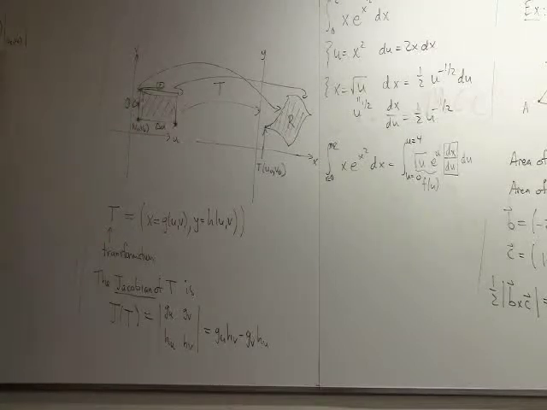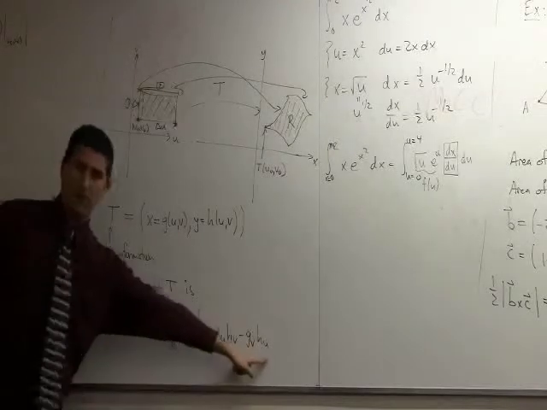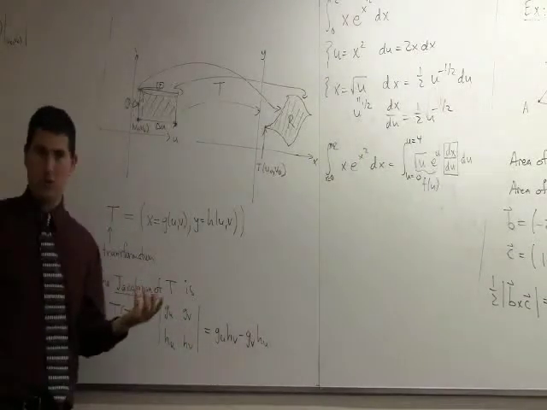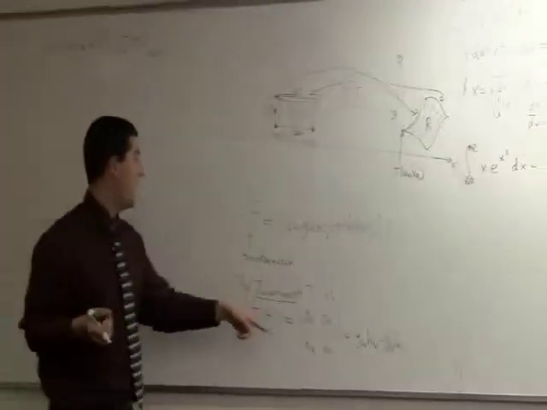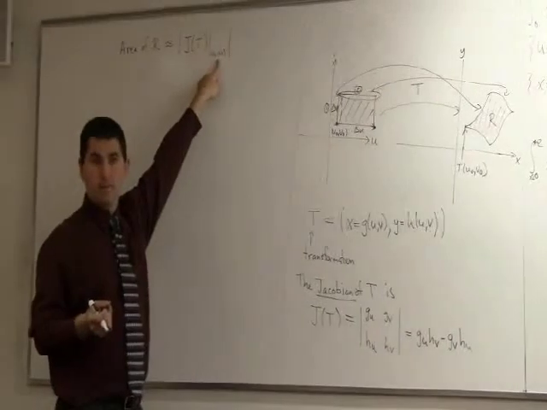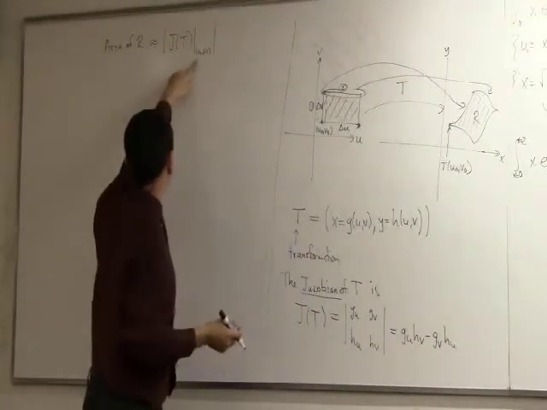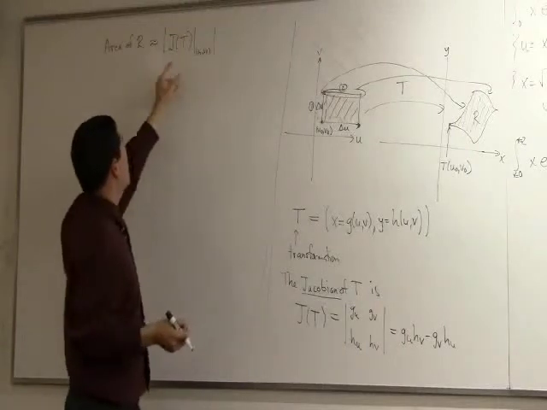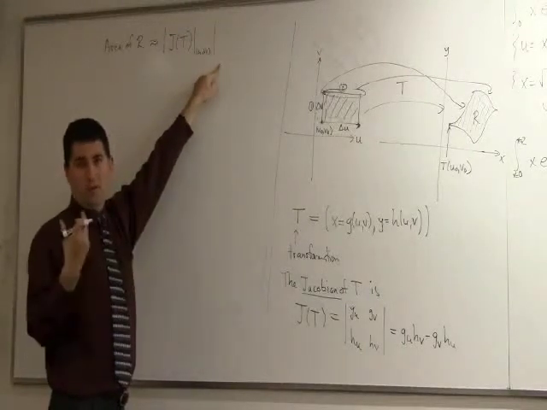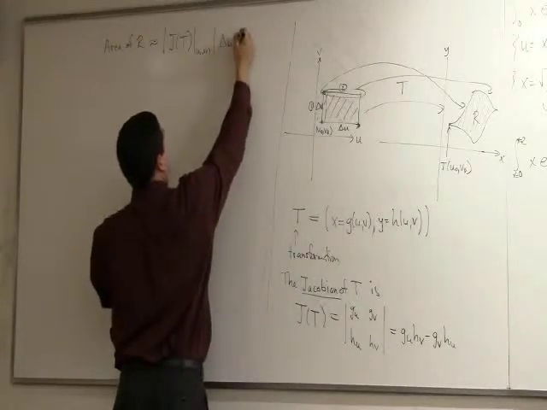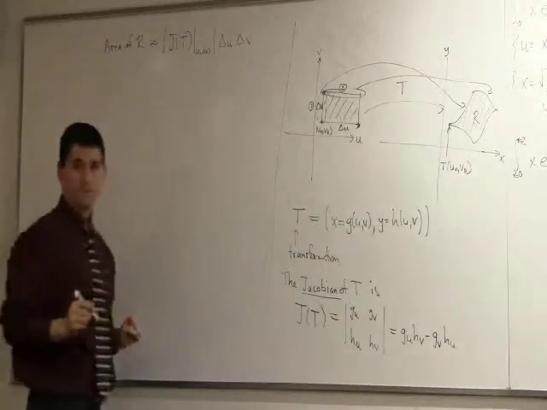The Jacobian is just a product of these partial derivatives, so it's not a number, it's usually a function. But you can evaluate it at the point U naught V naught. So you evaluate at the point U naught V naught, and then you get a number, and you take the absolute value of that number, because this is going to be area. And then you multiply by delta U and delta V.